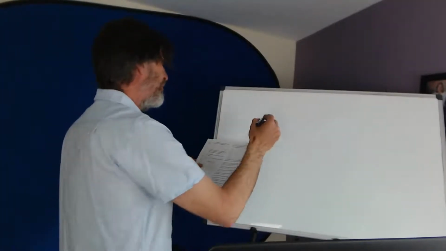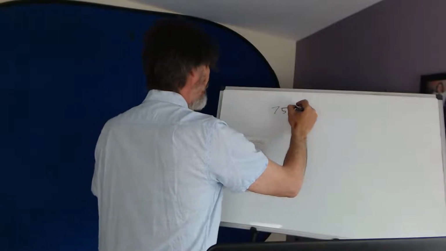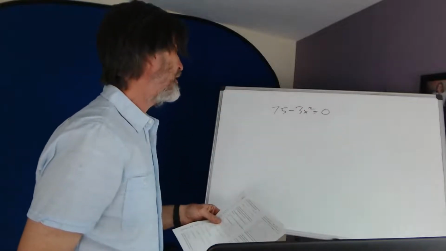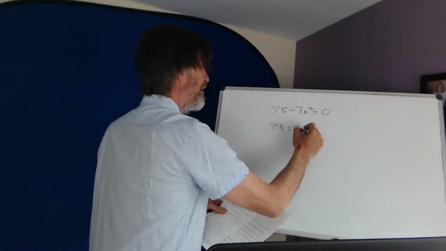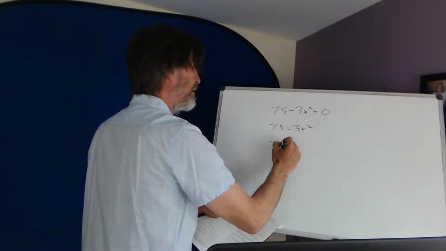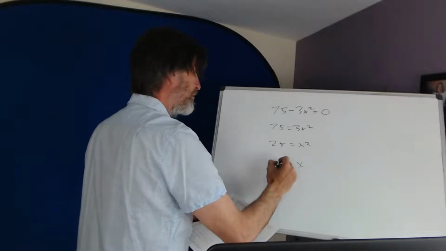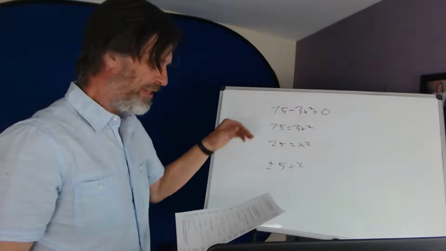The derivative on the first one is 75 minus 3x squared. Set that equal to 0 and solve. Well, we have a quadratic equation. 75 is 3x squared. 25 is x squared. X is either plus or minus 5. Plus 5 in there, throw minus 5 in there, it doesn't matter.